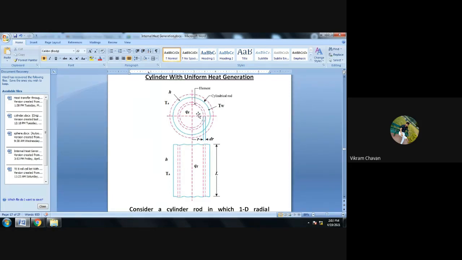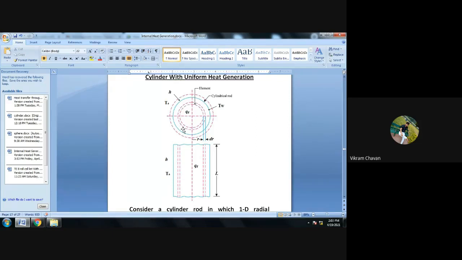For the derivation purpose, we are going to consider one element in that rod having a thickness of dr. So the element thickness is dr. You can see two concentric dotted lines here.